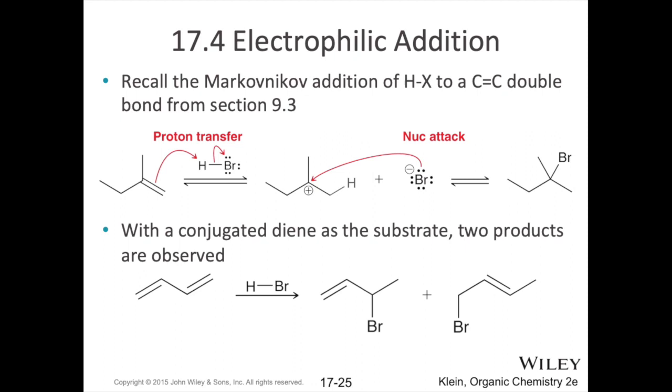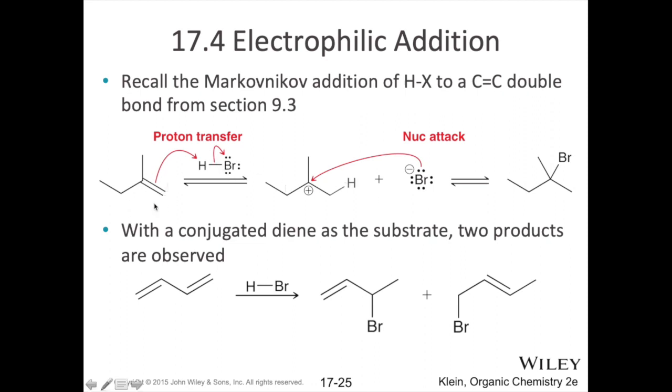All right, so let's start looking at some reactions involving these systems. Now, in general, when it comes to alkenes, you saw that we have a lot of addition reactions across double bonds, right? So, for example, we could do an addition of a hydrohalide across our double bond, and notice that we follow Markovnikov's rule here.